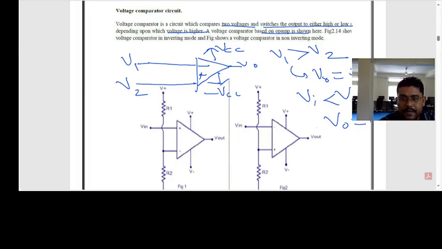Why? Because V1 is applied on the negative terminal, so if it is greater than the positive terminal, we get the negative VCC output. If the input is applied on the positive terminal, we get the positive output. This is called the inverting one, and we will discuss inverting and non-inverting terminals one by one.